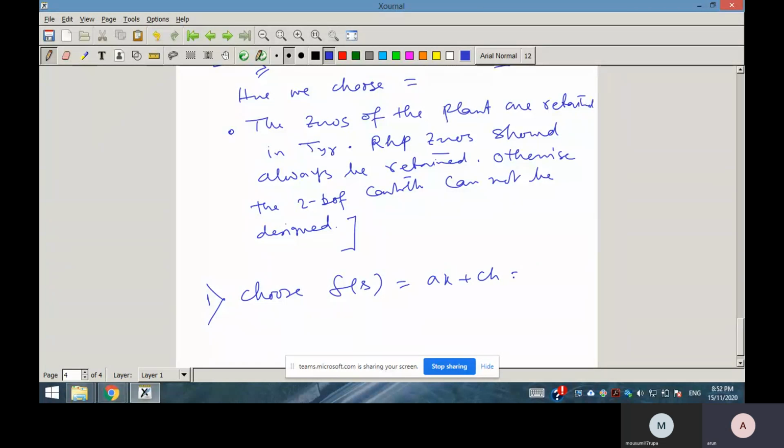This is equal to delta hat S into Q hat S, where Q hat S is selected so as to meet loop performances.